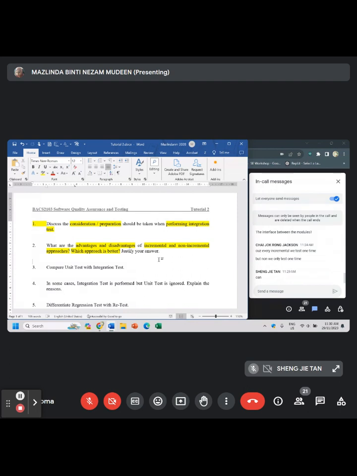So the third point, the advantage goes to incremental approach and the disadvantage goes to non-incremental approach. Clear about this programming defect and the debugging process? Why is it going to the incremental approach? Please do not get confused. Okay? Clear? Everyone okay until the third point?